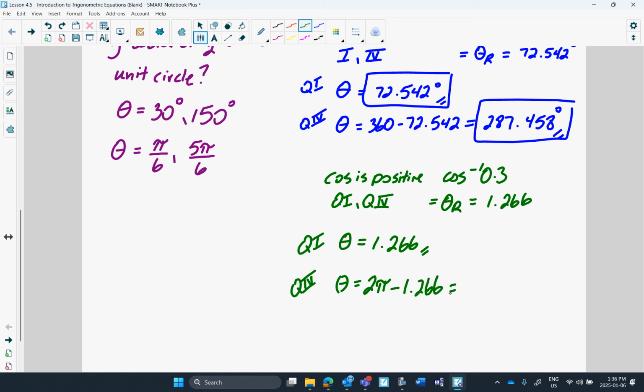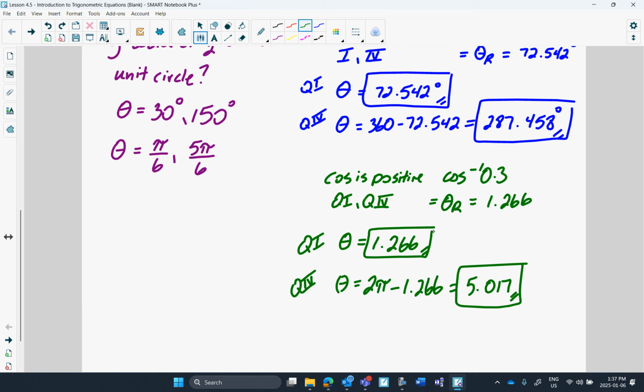And if you have to do 180 degrees, like if you're finding an angle in quadrant 2 or 3, you use pi instead of 180. So here, all I do on my calculator is just 2 pi minus 1.266, and you should get 5.017. And those are your two answers in radians.